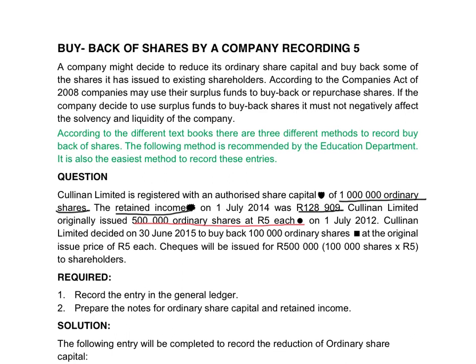At the end of the year, on 30 June 2015, they decide to buy back 100,000 ordinary shares at the original issue price of R5 each. That means that they are going to repurchase these shares from the shareholders. The shares will not belong to the shareholders anymore. They will be paid out the 500,000 that they provided as capital when they bought the shares.